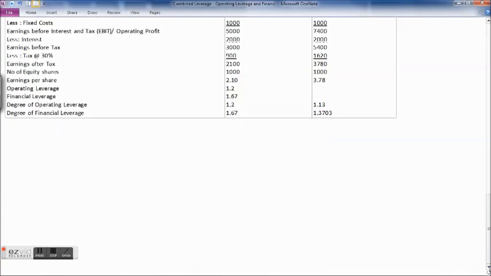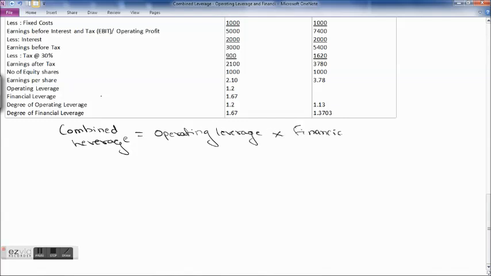Now combined leverage, okay, we'll calculate it in both the ways. Okay, we'll use the direct formula, that is operating leverage into financial leverage. So how much is that operating leverage? 1.2.